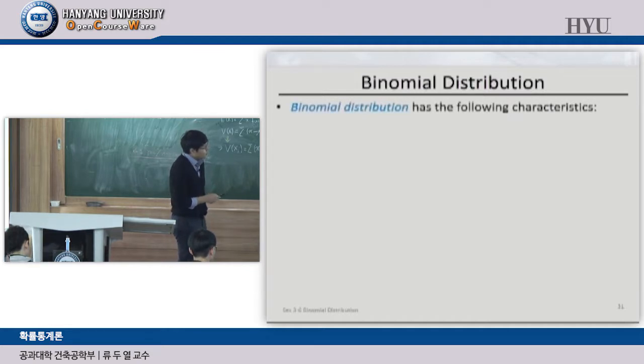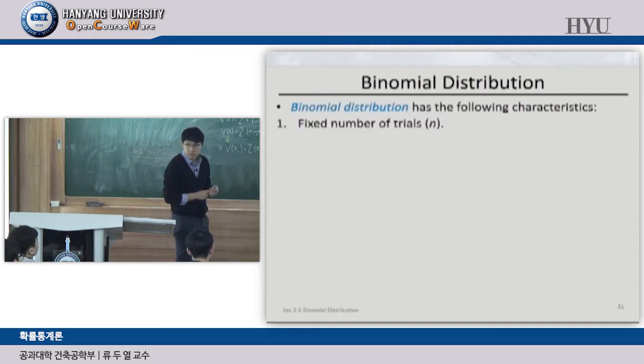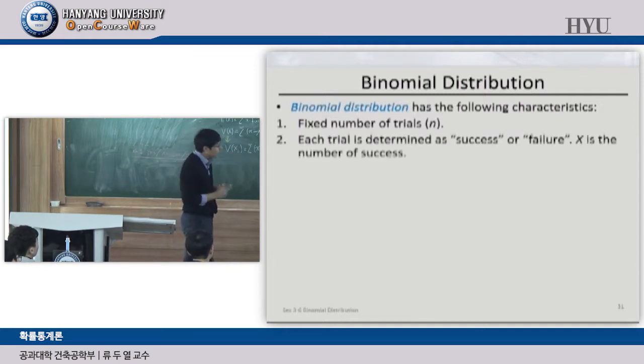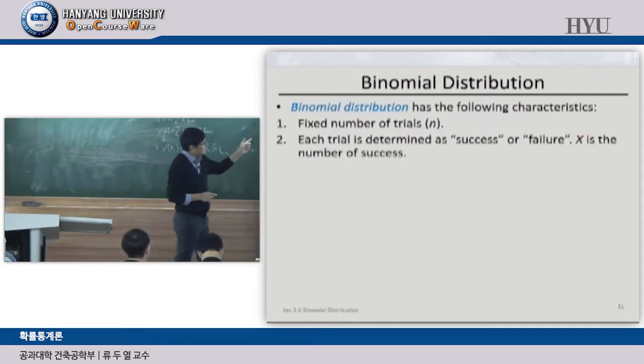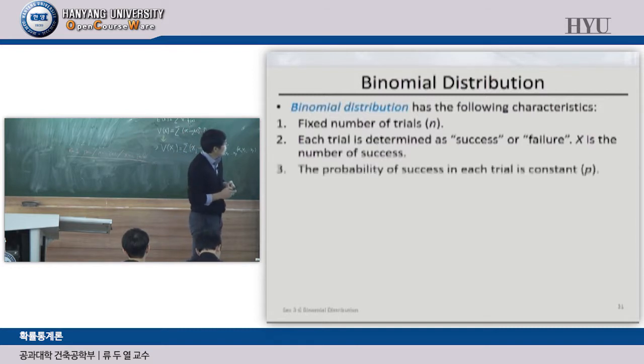And the binomial distribution has the following characteristics. The first one, it has a fixed number of trials. Okay? That is called n. And secondly, each trial is determined as success or failure. So that's why we call this the binomial distribution, which is called 이항. Okay? We have only two options. And in this case, x is the number of successes.